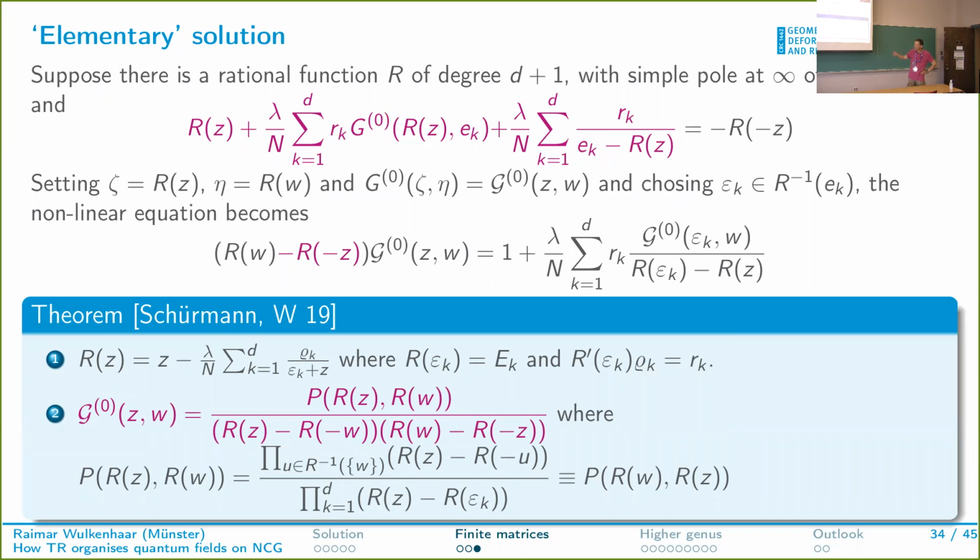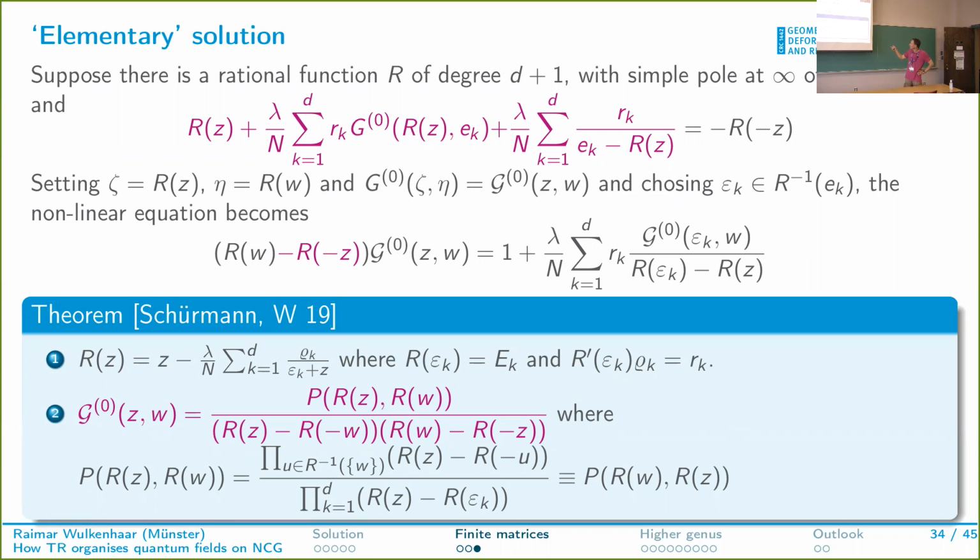And suppose this is minus R of minus z. Then you end up here in a linear equation, and there are theories that make it simple to solve. One remark, we also do this change of variables. Previously we had G naught of psi eta and the script G of z w, and the inverse of the transformation.